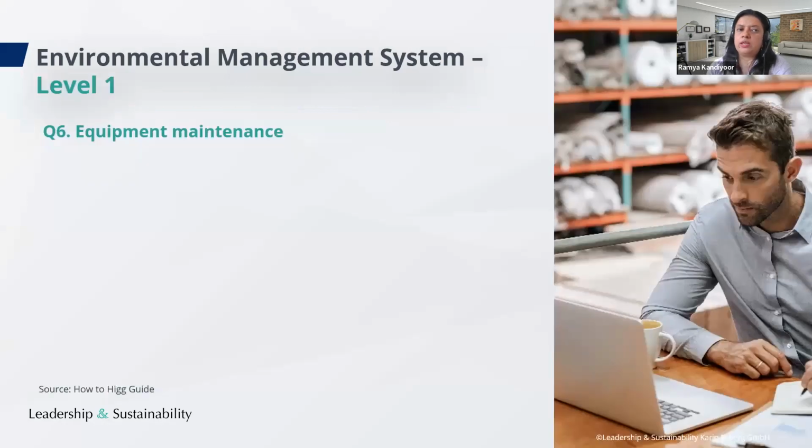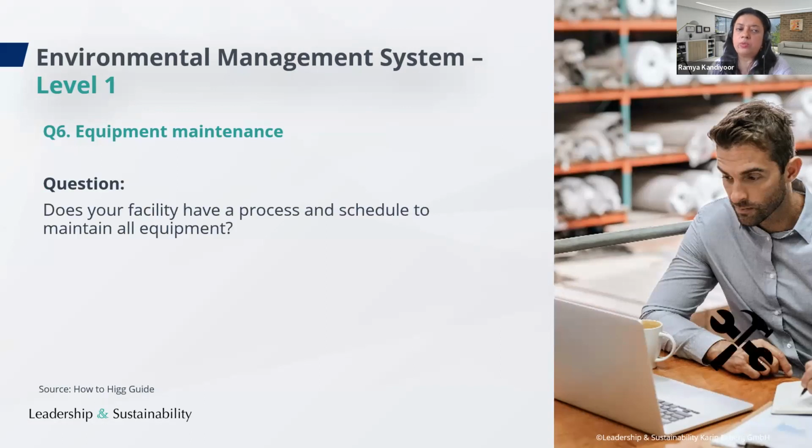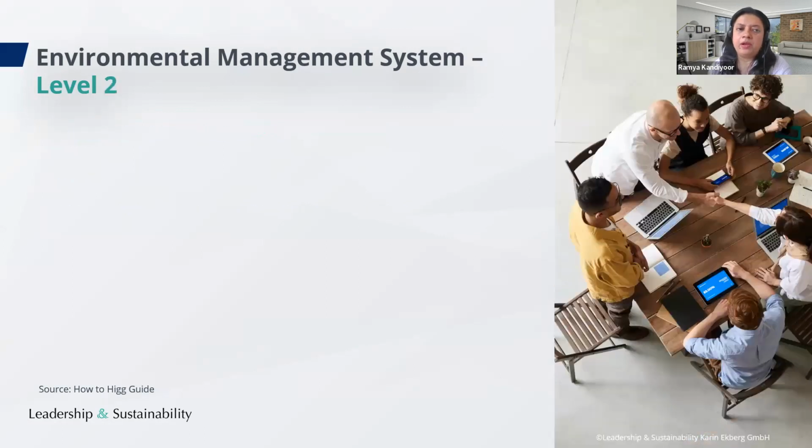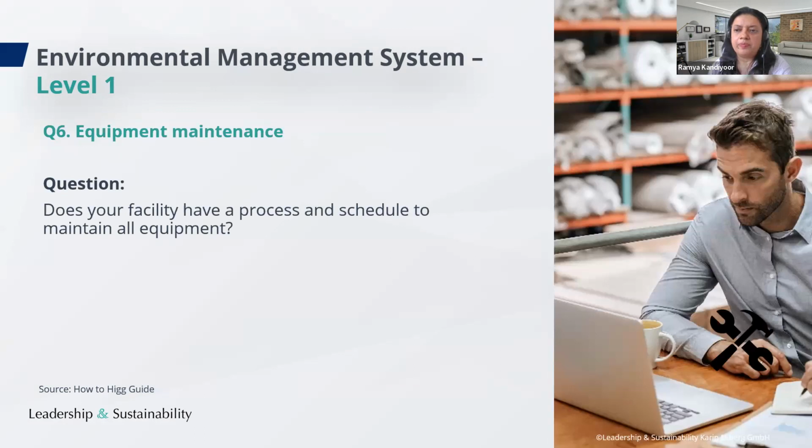Next, we come to the last question in level 1, which is on equipment maintenance. This is actually a simple question, and most of the units are already conducting some type of equipment maintenance on site. So the question here is, does your facility have a process and schedule to maintain all equipment? Ideally, you should be able to show the record of how you as a facility are maintaining the maintenance schedule.